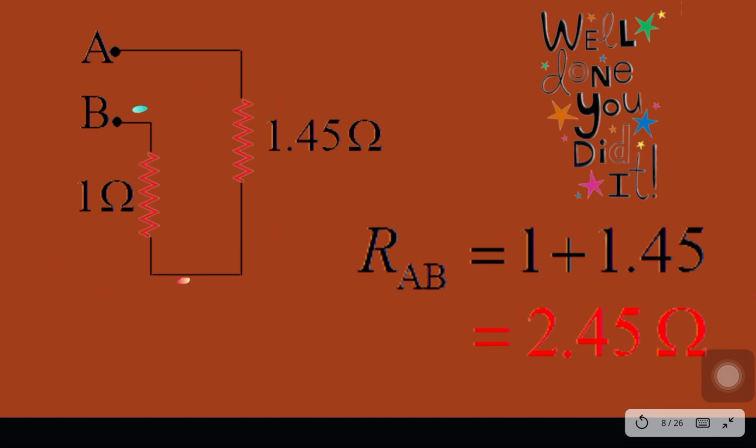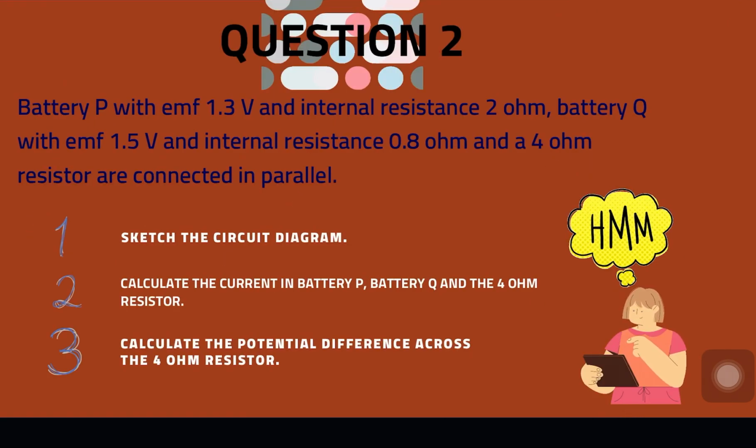Alright, okay guys. Now we move to the second question. We have a battery P with EMF 1.3 volt and internal resistance of 2 ohm. Then battery Q with EMF 1.5 volt and internal resistance 0.8 ohm.